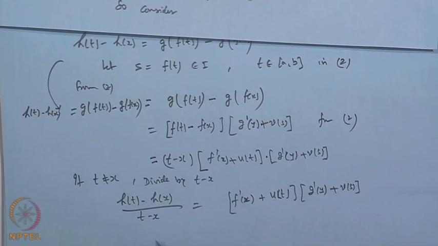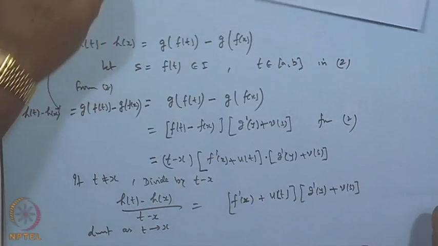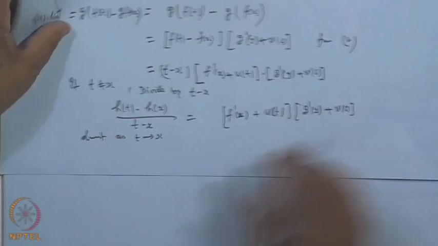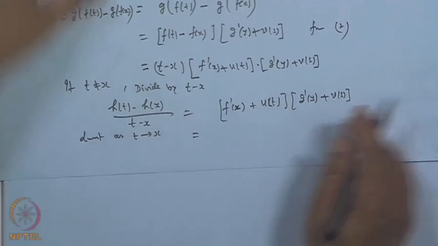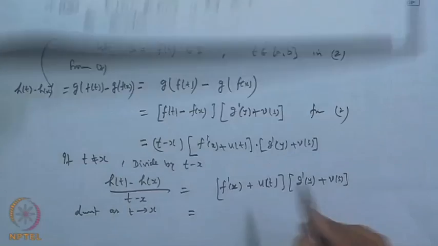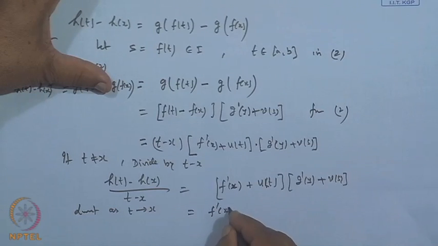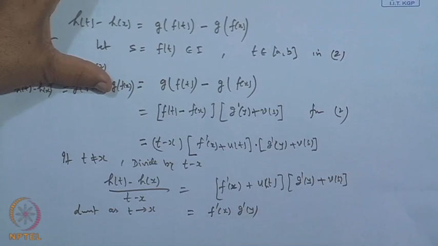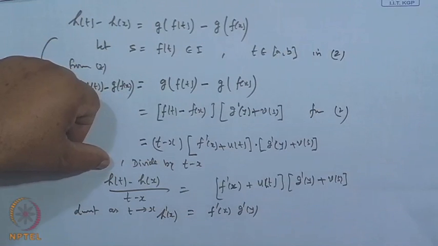Now, taking the limit as t tends to x, on the right hand side, as t tends to x, u tends to 0 because f is differentiable at x. So, u t will go to 0 as t tends to x, this part will go to 0, similarly this part will go to 0. The right hand side will give f prime x g prime y, and the left hand side is nothing but the derivative of the function at the point x.